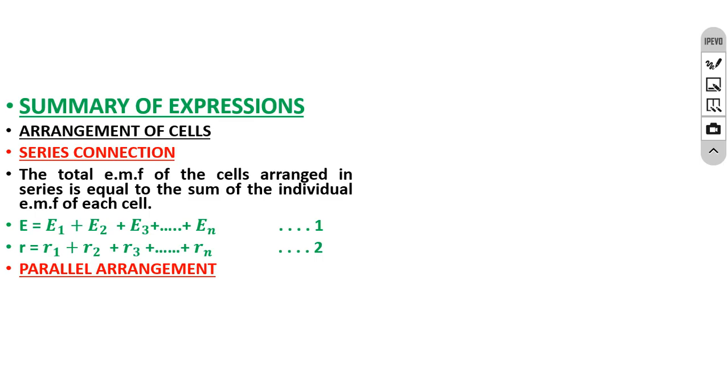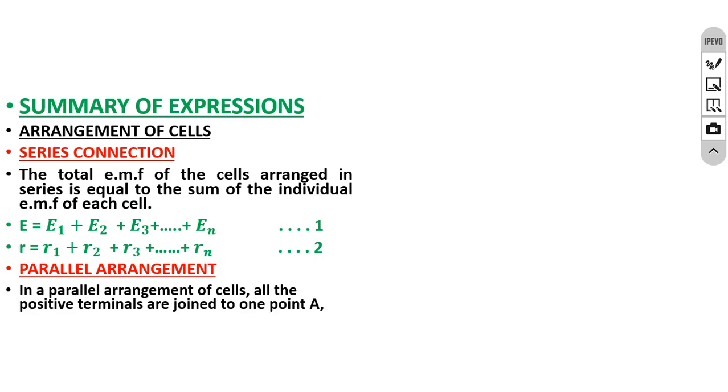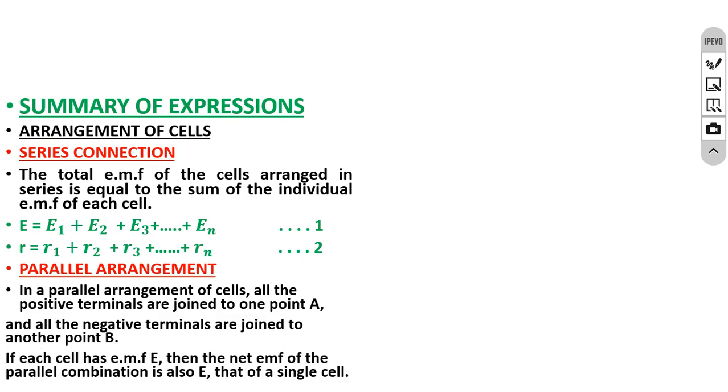Parallel arrangement of the cell. In a parallel arrangement of cells, all the positive terminals are joined to one point A, and all the negative terminals are joined to another point B. If each cell has EMF E, then the net EMF of the parallel combination is also E, that of a single cell.